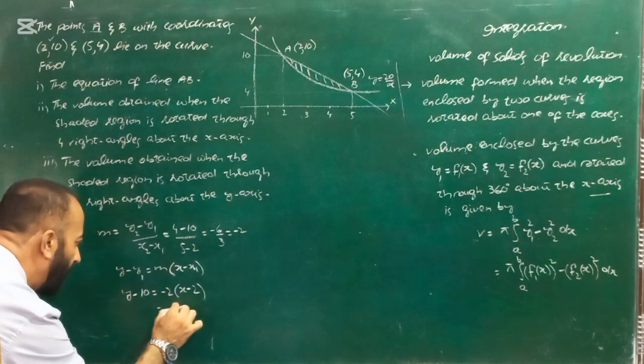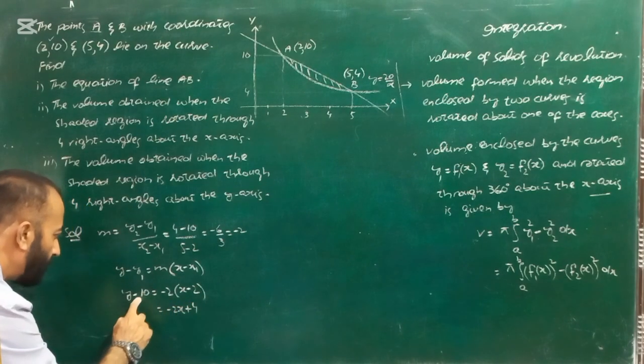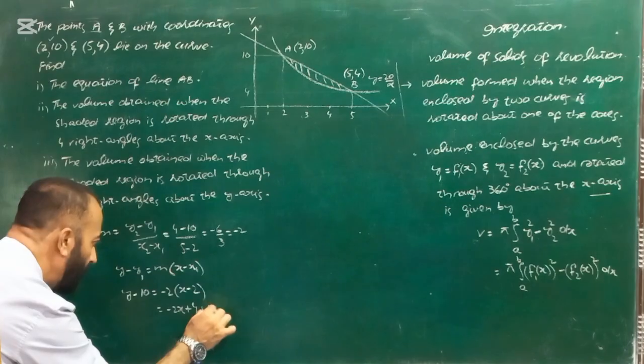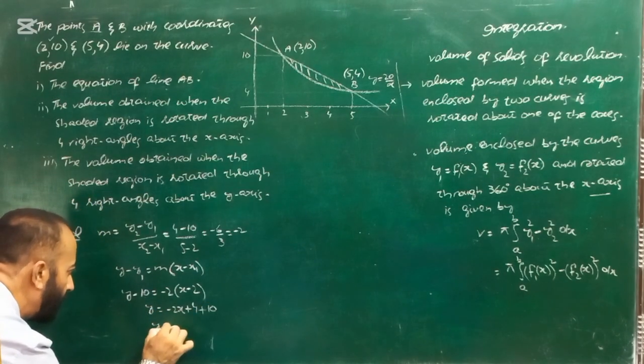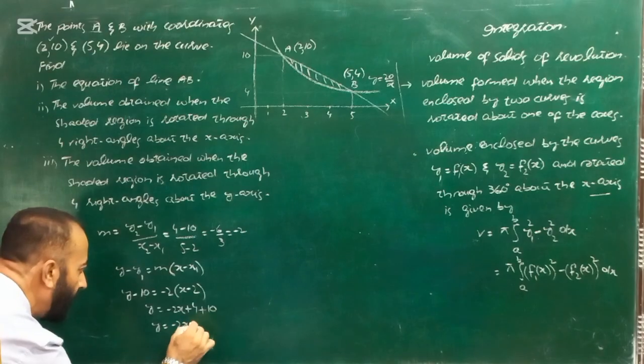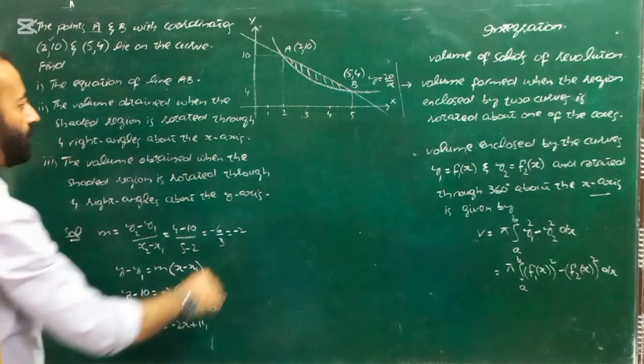So from here minus 2x plus 4, this minus 10 will go to the right side, it will be plus 10, and here we have y. So y is equal to minus 2x plus 14. So this is the equation of the line now.